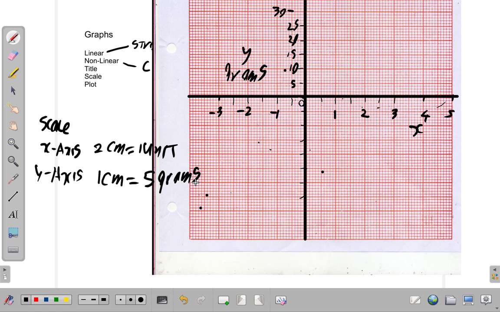All right? So you fit the scale depending on the size of your numbers or the size of the units.